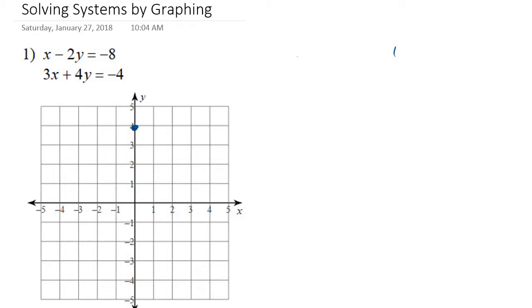In this video, I will be showing you how to solve a system of linear equations by graphing. The first step using this graphing method is to rewrite each equation in the slope-intercept form, like y equals mx plus b.